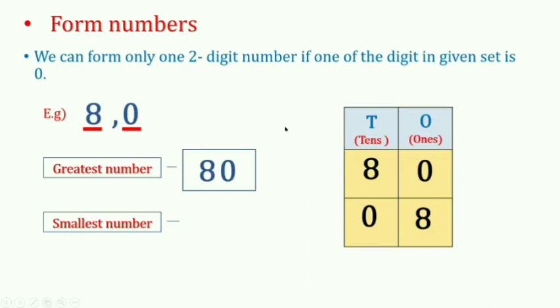That means I got number 8 as the smallest number. And here you can see number 80 is 2-digit number, whereas number 8 is 1-digit number. And therefore, if we have one of the digit in the given set is 0, we get only 1 2-digit number.